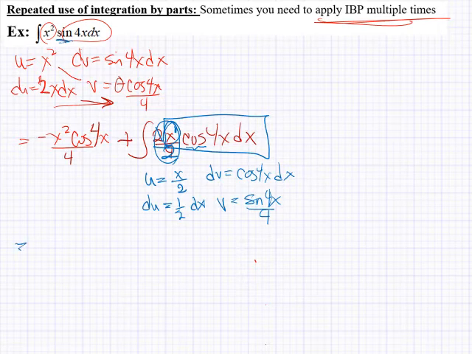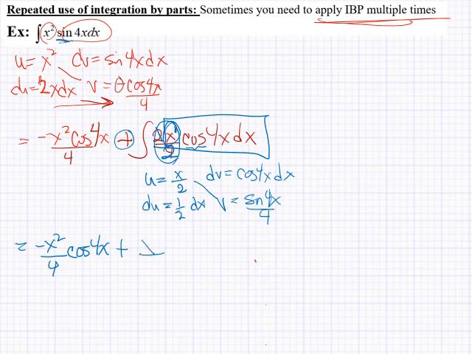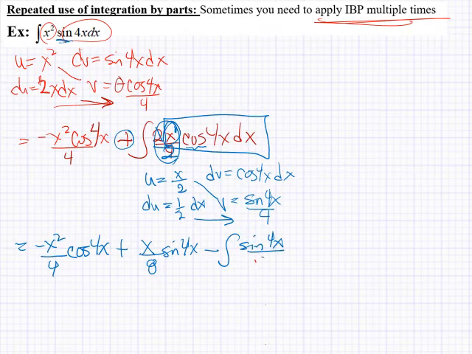So I still have this minus x squared over 4 cosine 4x from originally, plus, because remember this changed to a plus, another u times v, which in this case would be x over 8 sine 4x, minus the integral of v du, which now would be sine 4x over 8 dx.